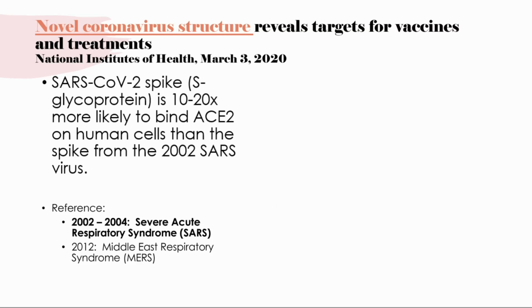When you look at COVID-19 relative to SARS 2002, it's interesting to note that COVID-19 has a very high affinity for the ACE2 receptor, much more so than SARS 2002, 10 to 20 times more so, which may, in fact, help to explain why it spreads far more easily than 2002 SARS.